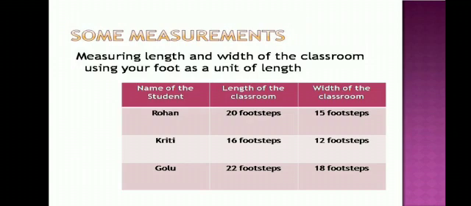Some measurements. Now we are going to measure the length and width of the classroom using a foot as a unit of length. Three students measured the length and width of the classroom using their foot, but the answers are varying because it is a non-standard unit of measurement.